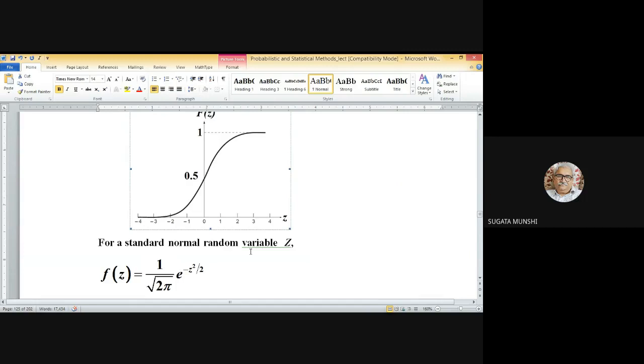Characteristic function, you may recall that it is the Fourier transform of the density function with the sign of omega reversed. Omega replaced by minus omega.